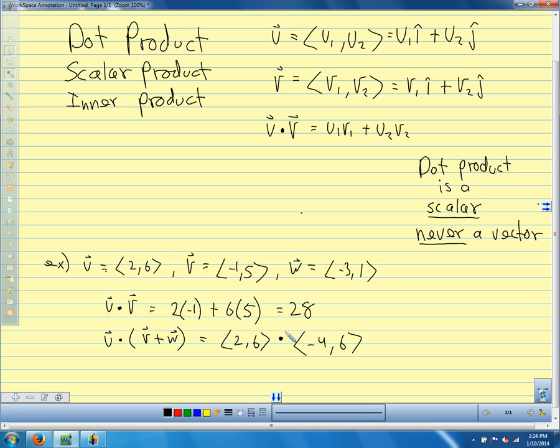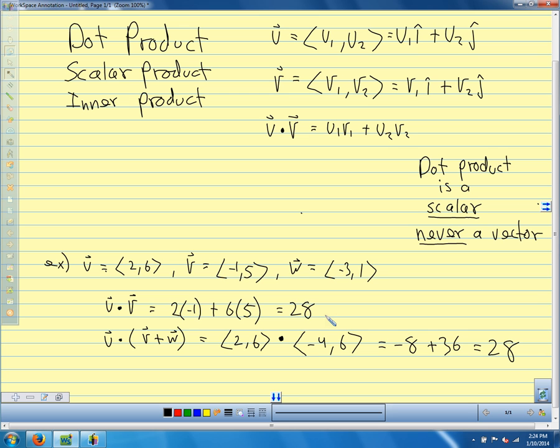So we're finding the dot product of these two vectors. So I just added v plus w here. And for this, multiply the x components. 2 times negative 4 is negative 8 plus 36. And this comes out to be 28 also. So calculating the dot product is pretty easy. Multiply the x components, multiply the y components, add them together.